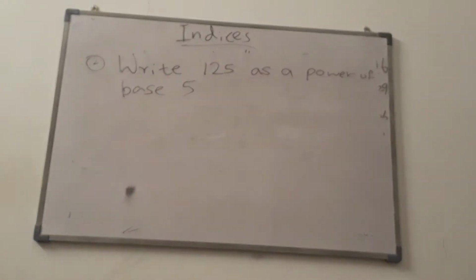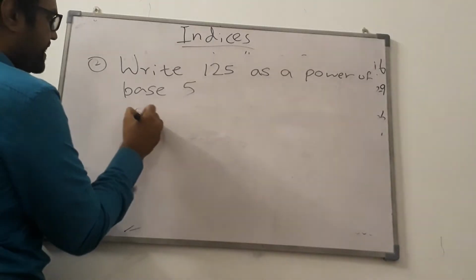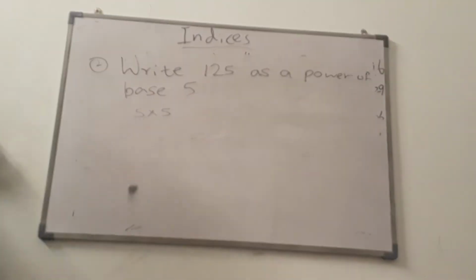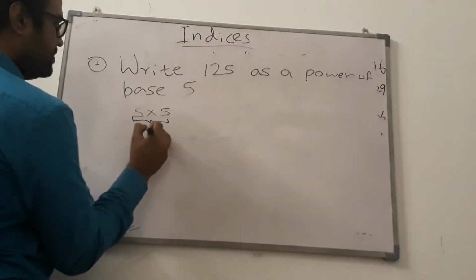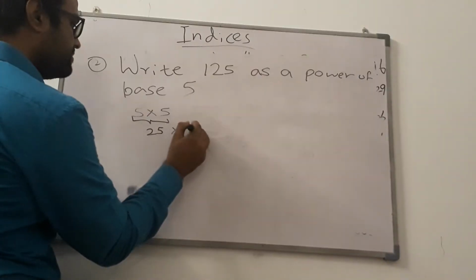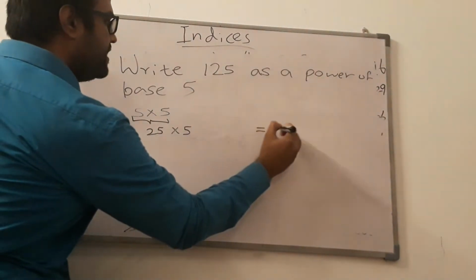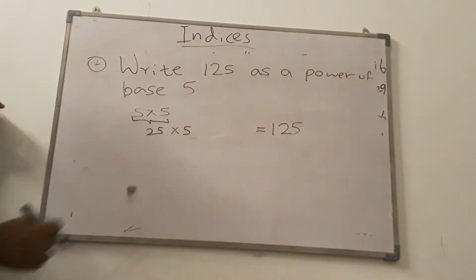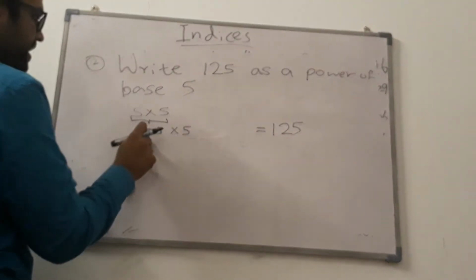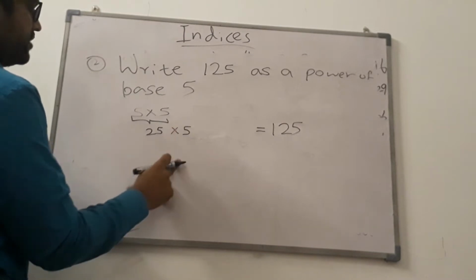Two methods. First we will check what 5 times 5 is. 5 times 5 means 25. Then we multiply 25 by 5, and the answer is 125. So 5 times 5 is 25, 25 times 5 is 125.